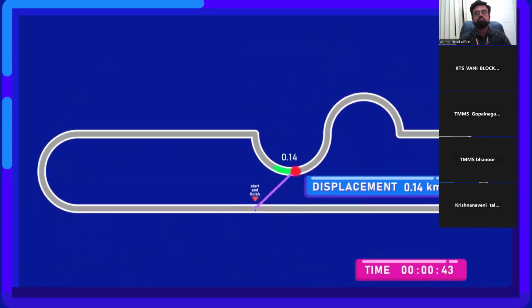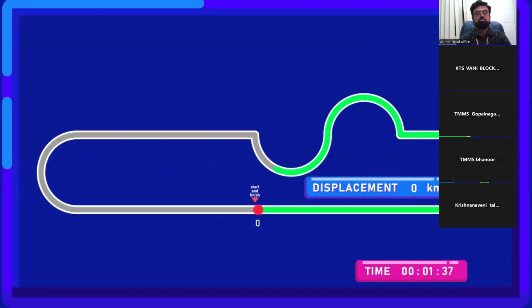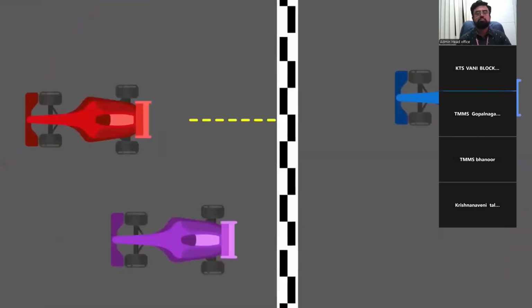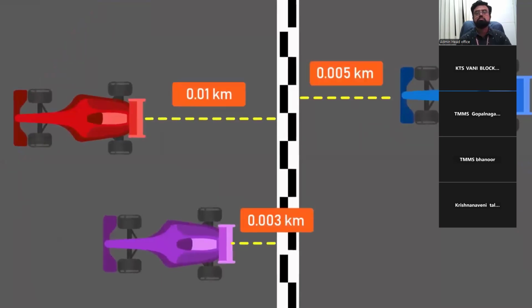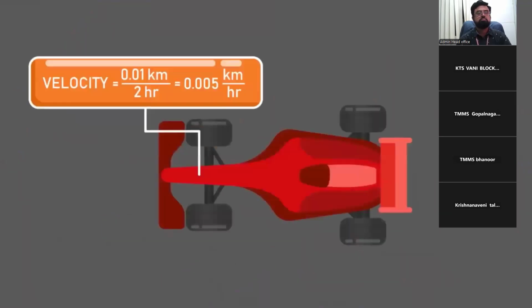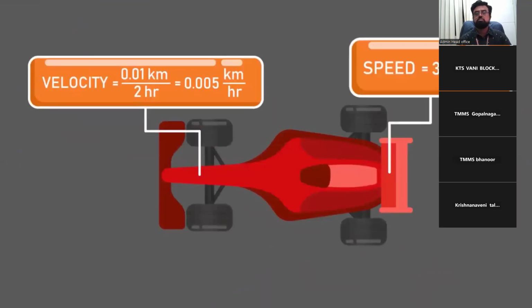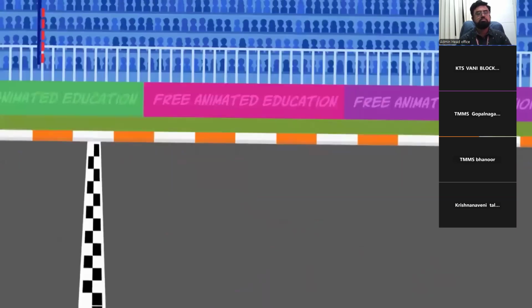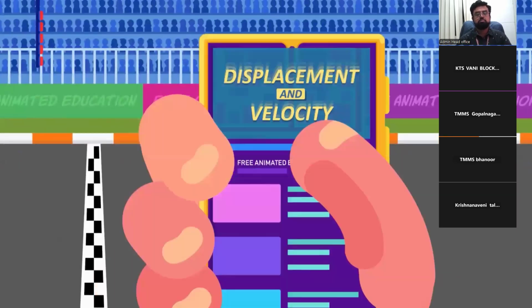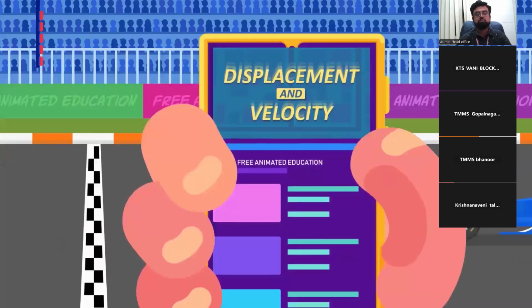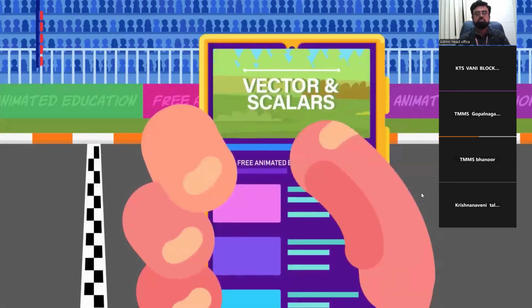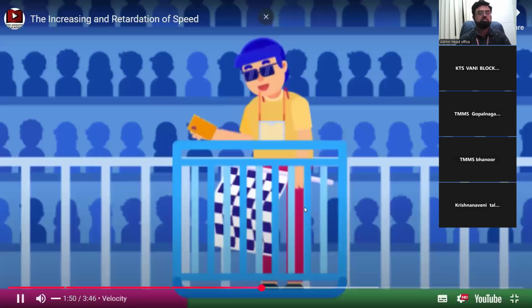But as the drivers return to the initial place where they cross the finish line, their displacement is nearly zero, because it is close to the same point as they start the race. Thus, their average velocity is also negligible compared to their average speed. We've made a simpler explanation on displacement and velocity, along with the introduction to scalar and vector quantities, somewhere in the channel. Now, back to the circuit.